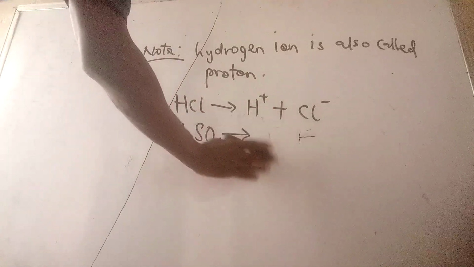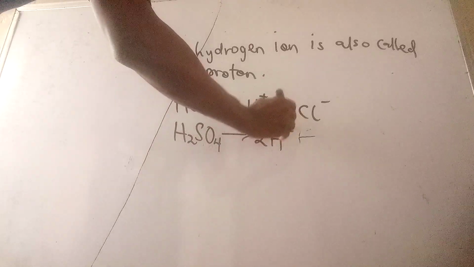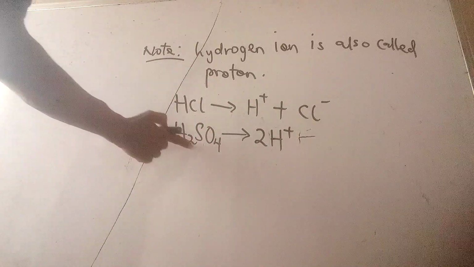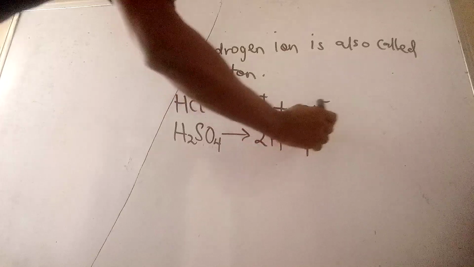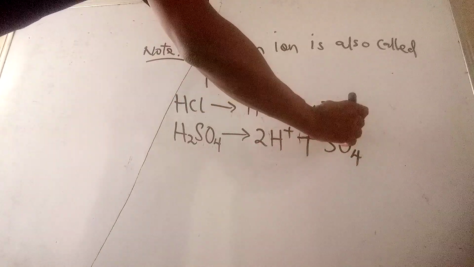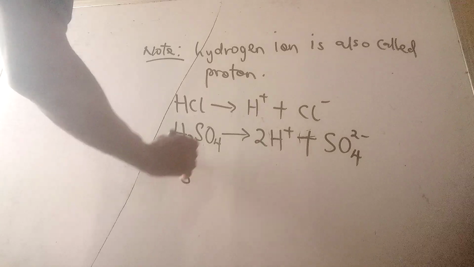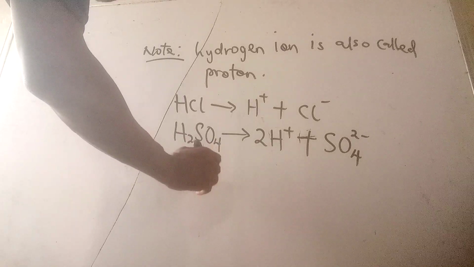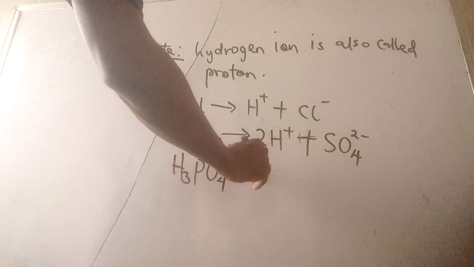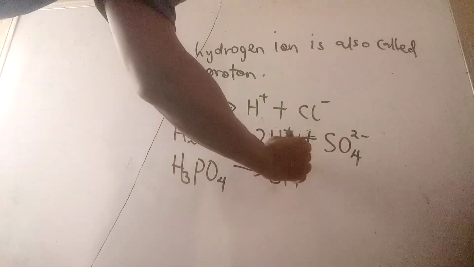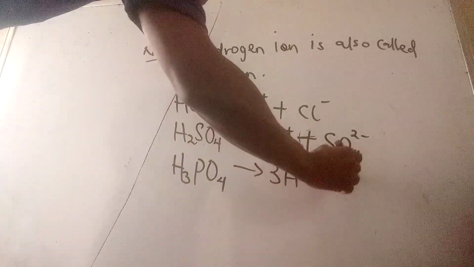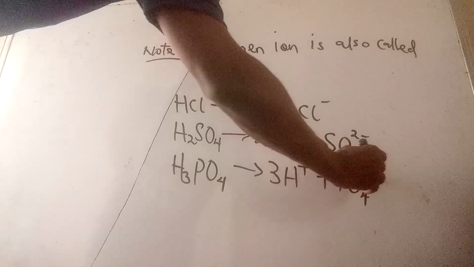This will be 2 hydrogen ions because there are 2 atoms of hydrogen here, and sulfate ion. So for the phosphate acid, there will be 3 hydrogen ions and phosphate ion in one.